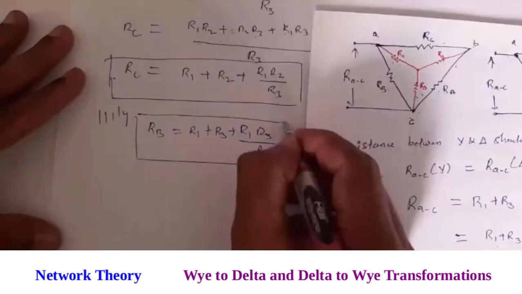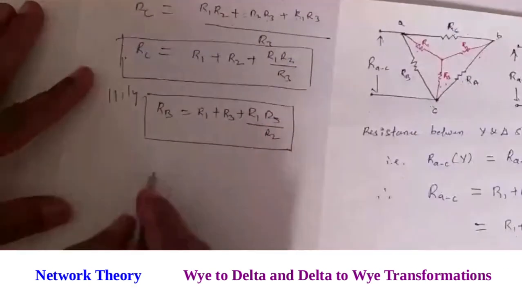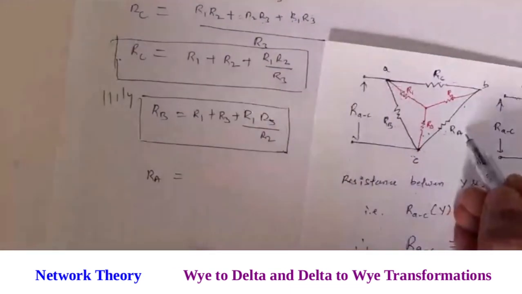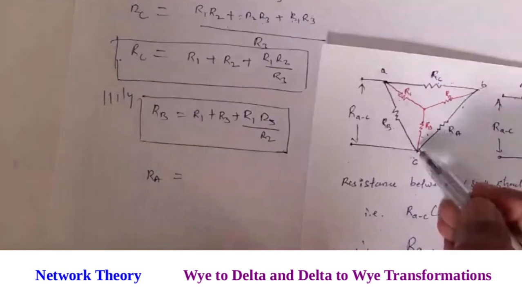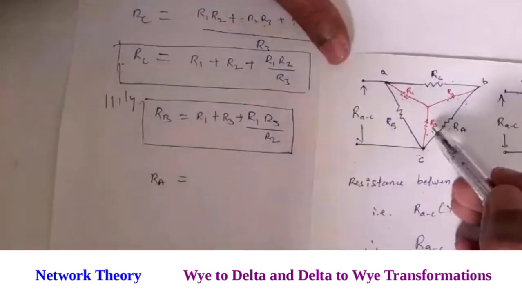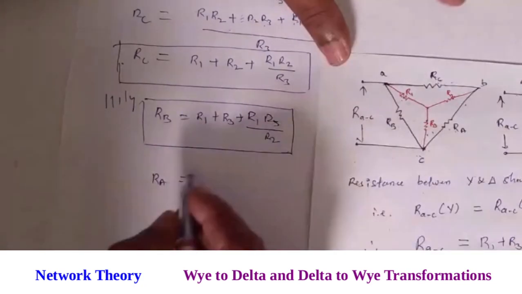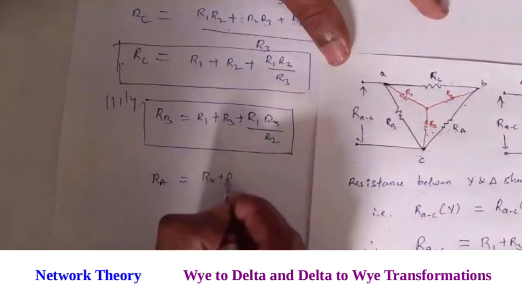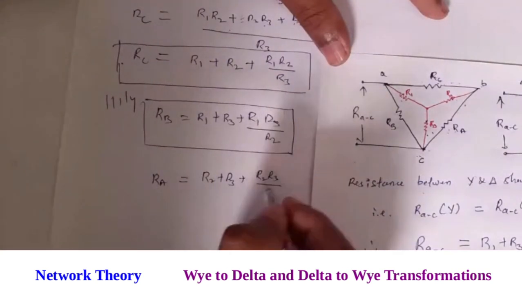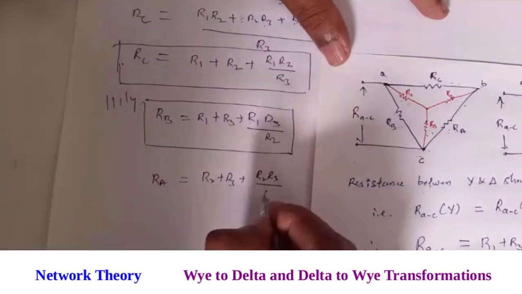Simple. Similarly, I want to find RA. RA is this resistance. Two resistances connected to it are R2 and R3, so R2 plus R3, and multiply these two, R2 R3 divided by the resistance which is not connected to it, nothing but R1.